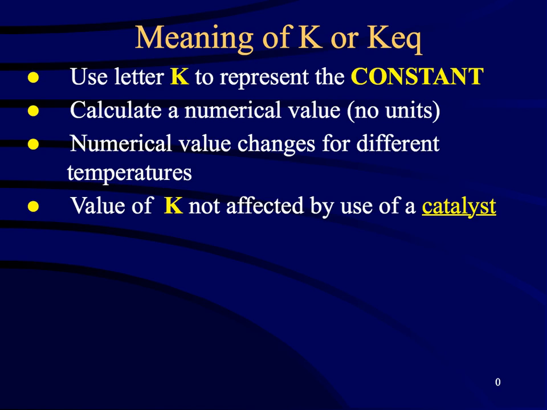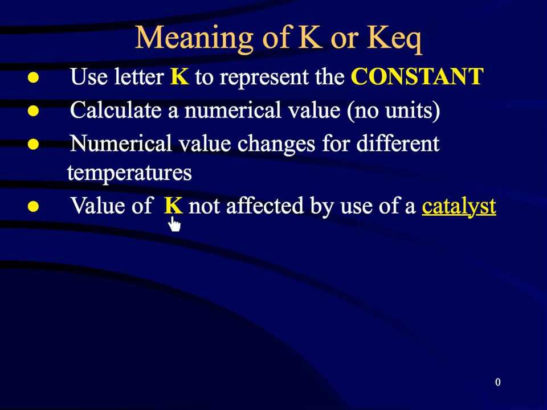Here are some great things about K. It's a numerical value with no units, so you're just looking at the number. It's a ratio that we take between products and reactants. The numerical value changes for different temperatures, so you will have a different K value if you change the temperature.